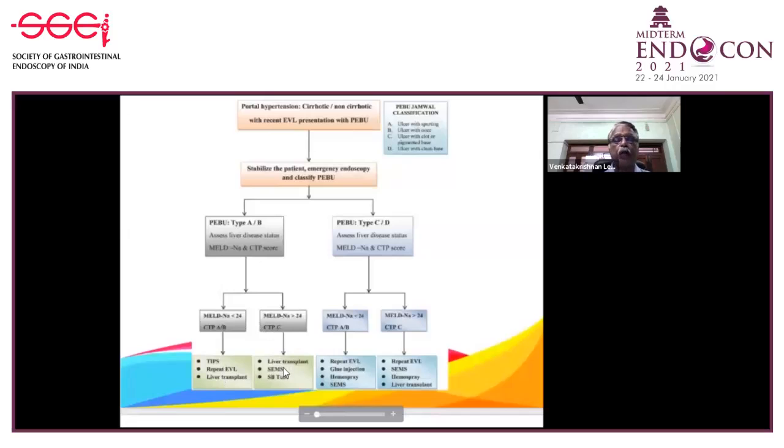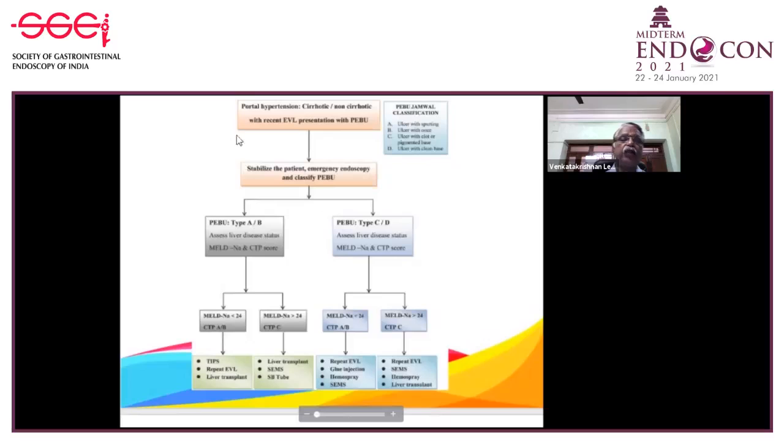SEMS is possibly the best option for them, because TIPS in this patient can push them into an encephalopathy because of higher MELD and Child C. If the post-banding ulcer is type C or D, that is a clot or a pigmented base or a clean base, and the MELD is less than 24 and CTP A or B, we can repeat EVL, glue injection, hemospray, and uncontrolled bleeding with SEMS. If it is more than 24, repeat everything, SEMS, hemospray, and liver transplant.